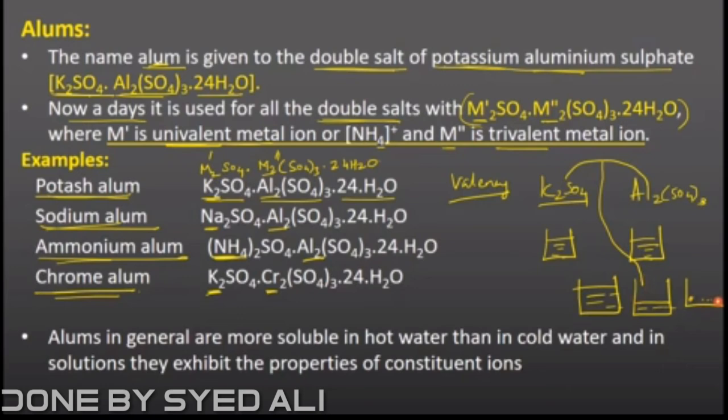Examples: potash alum, sodium alum, ammonium alum, chrome alum. Alums in general are more soluble in hot water than in cold water, and in solutions they exhibit the properties of constituent ions.